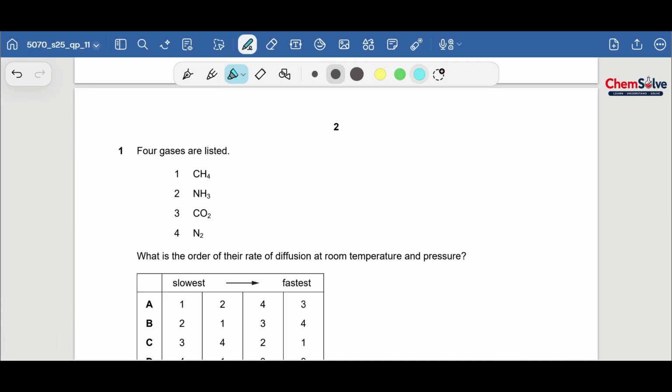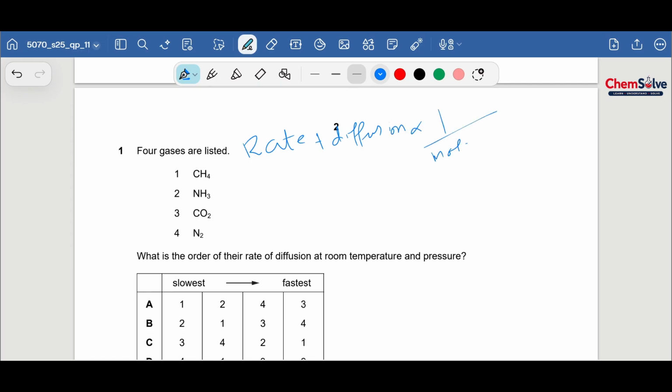Okay. So the first question says four gases are listed: methane, ammonia, carbon dioxide and nitrogen. We have to determine the order of their rate of diffusion at room temperature and pressure. So for that, basically we need to understand that the rate of diffusion is inversely proportional to molar mass.